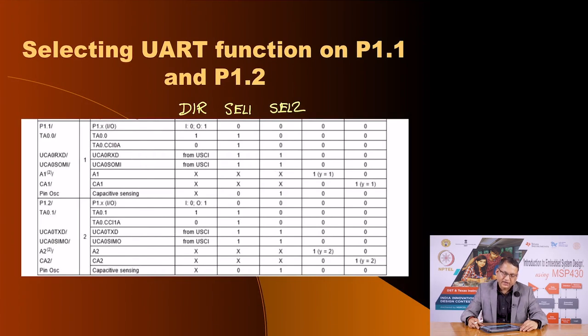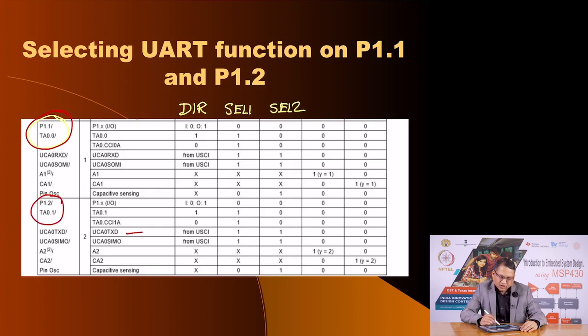And here is now, as I mentioned, the transmit and receive pins are shared with port pins. In the case of MSP430 G2553, the receiving pin is on P1.1, and the transmitting pin is on P1.2.